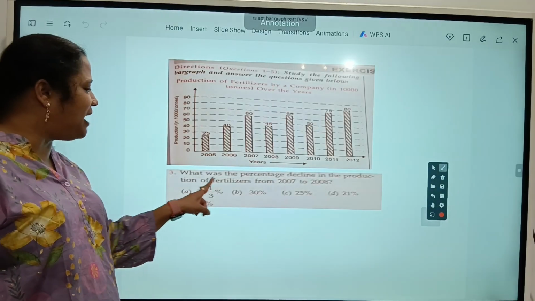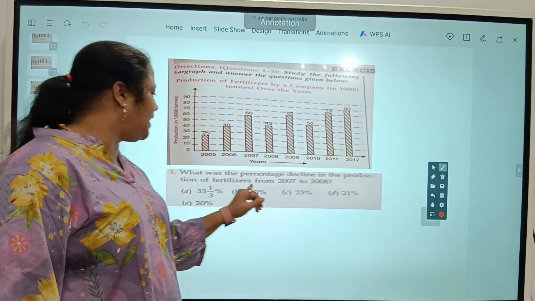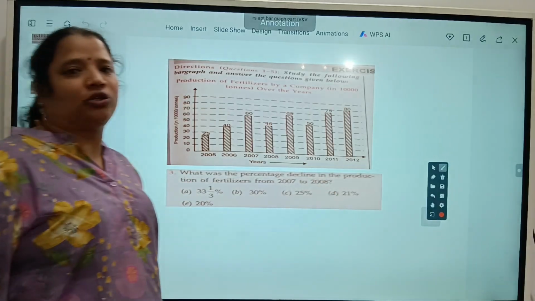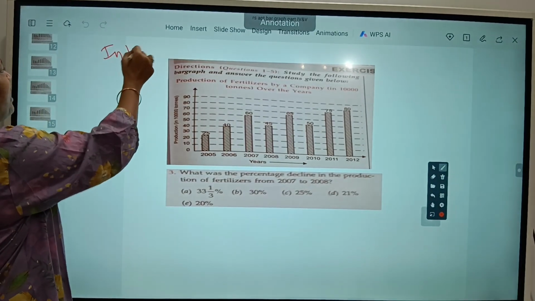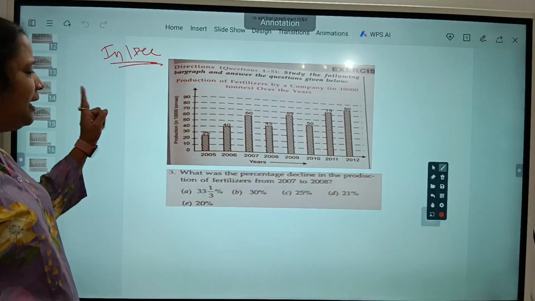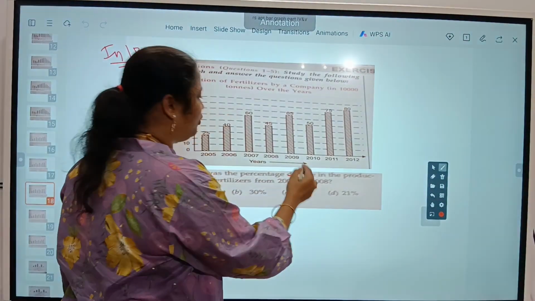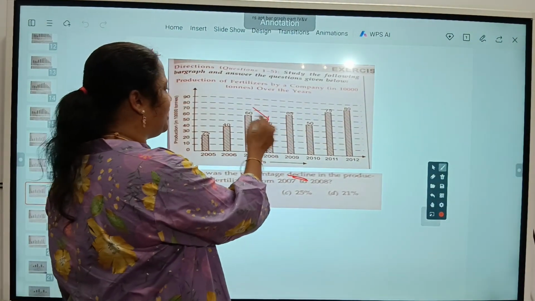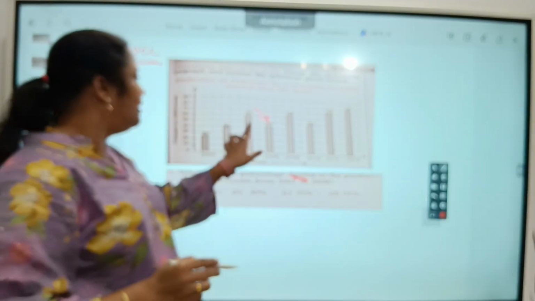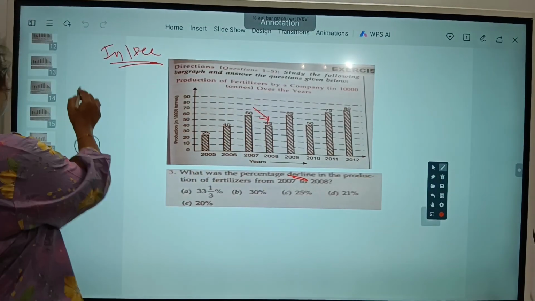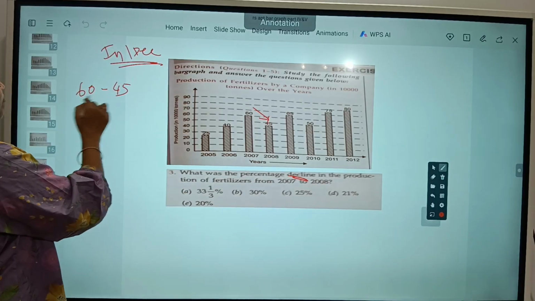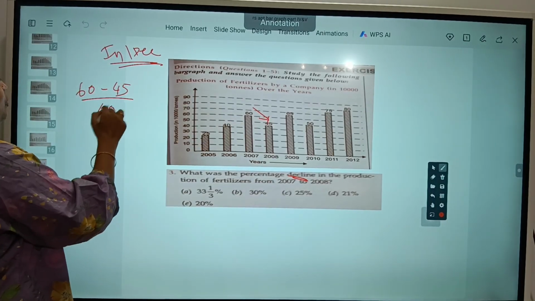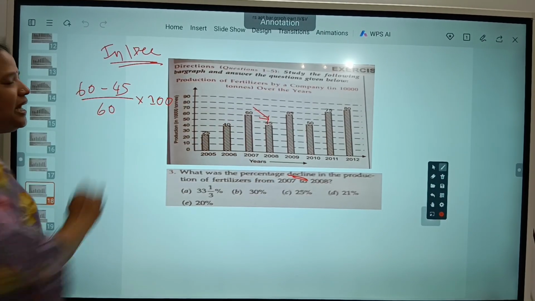Here the question is: what was the percentage decline in production of fertilizers from 2007 to 2008? So we have to apply the increase or decrease formula here. But here the decline is asked, from 2007 to 2008. That's why below we have to take the higher value. 60, higher value minus lower value, by higher value into 100, because the decline is asked.